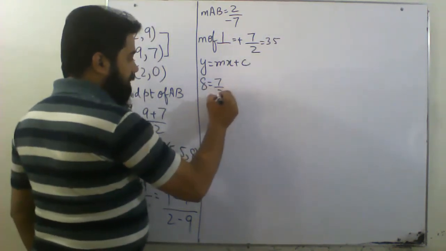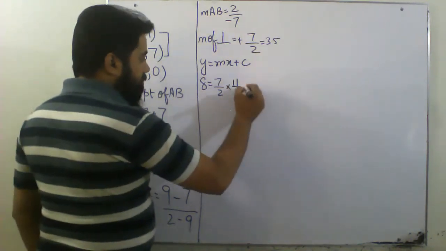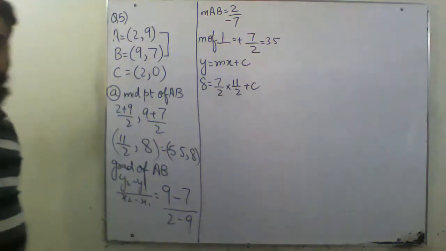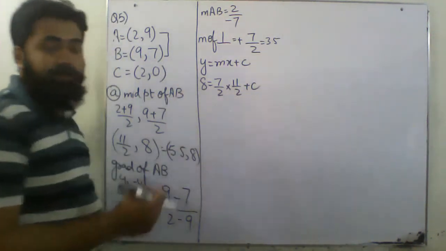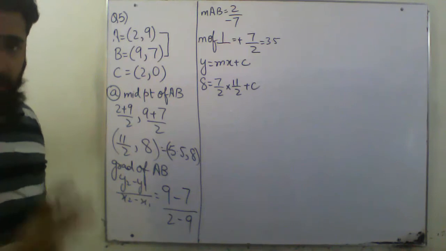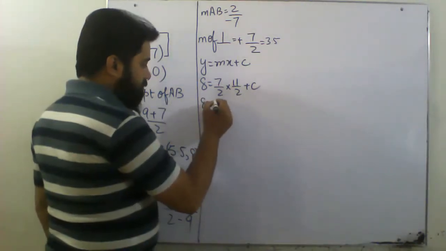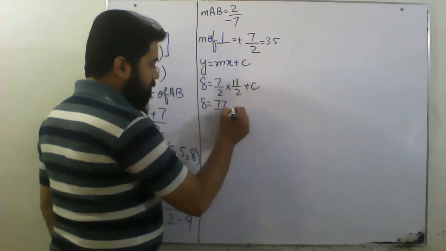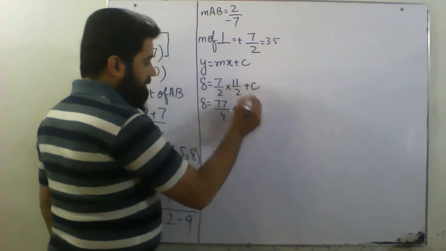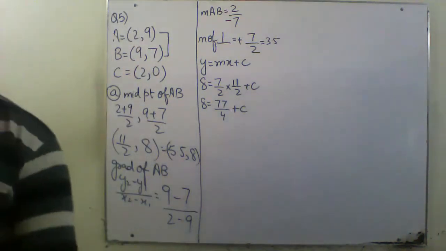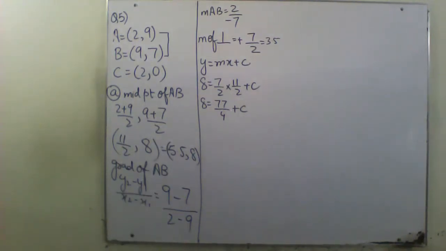So 8 equals 7 over 2 into 11 over 2 plus c. Or you can write the same thing using decimals also. The answer will be the same. So 8 equals 77 over 4 plus c. That's what is coming right now. I have simplified it.